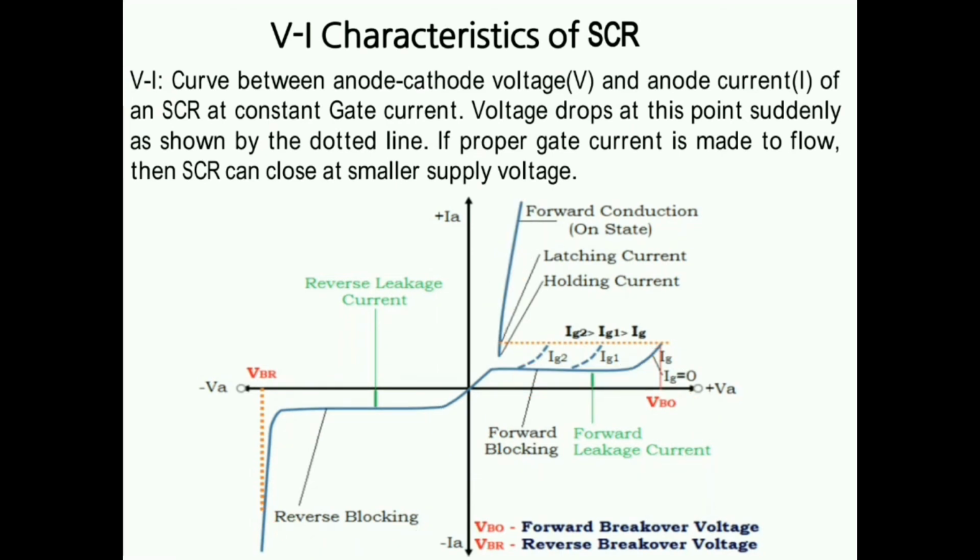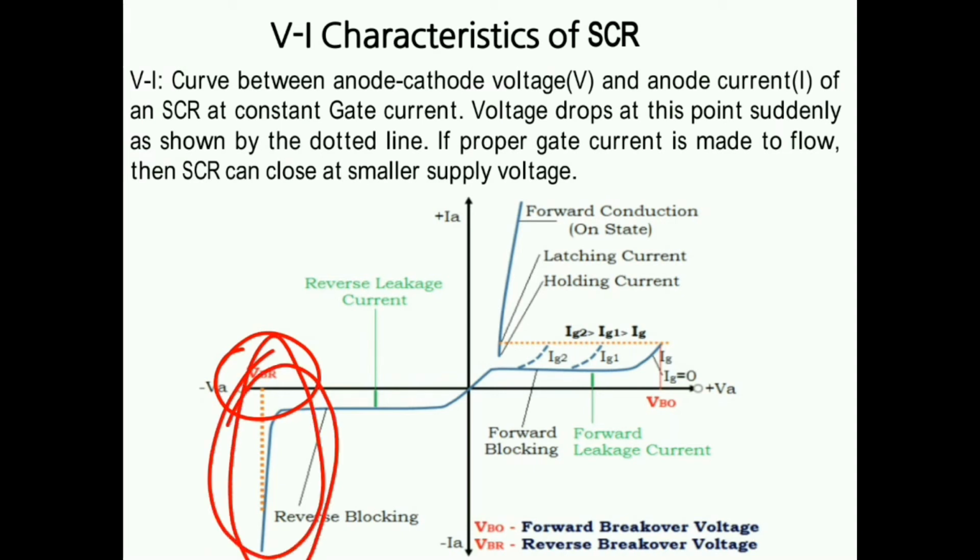Here VBO is the breakover voltage: without any gate pulse, the maximum VBO voltage is required to turn the SCR on. So it is called forward breakover voltage. VBR is the reverse breakover voltage: when we give reverse bias voltage and the junction breaks down permanently, this region occurs and is known as reverse breakdown.